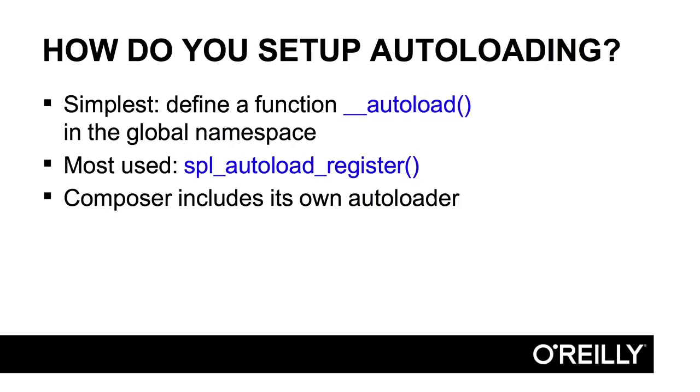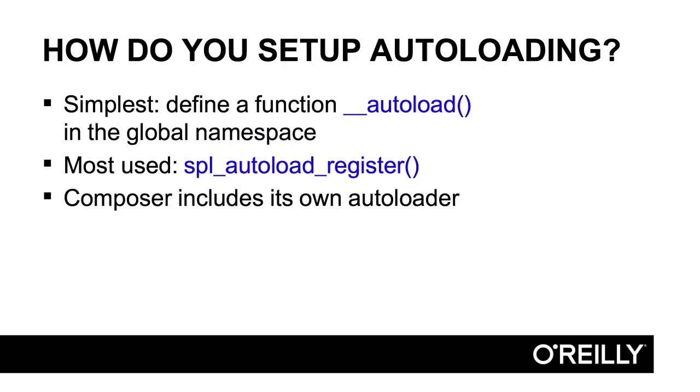The _autoload function should be defined in what is referred to as the global namespace. So in other words, if you are using namespaces, make sure that you define this function outside of any specific namespaces. However, what is used more frequently is the capability built into the SPL or standard PHP library. There's a function called spl_autoload_register, which allows you to register a function or a method within a class as the preferred autoloader.